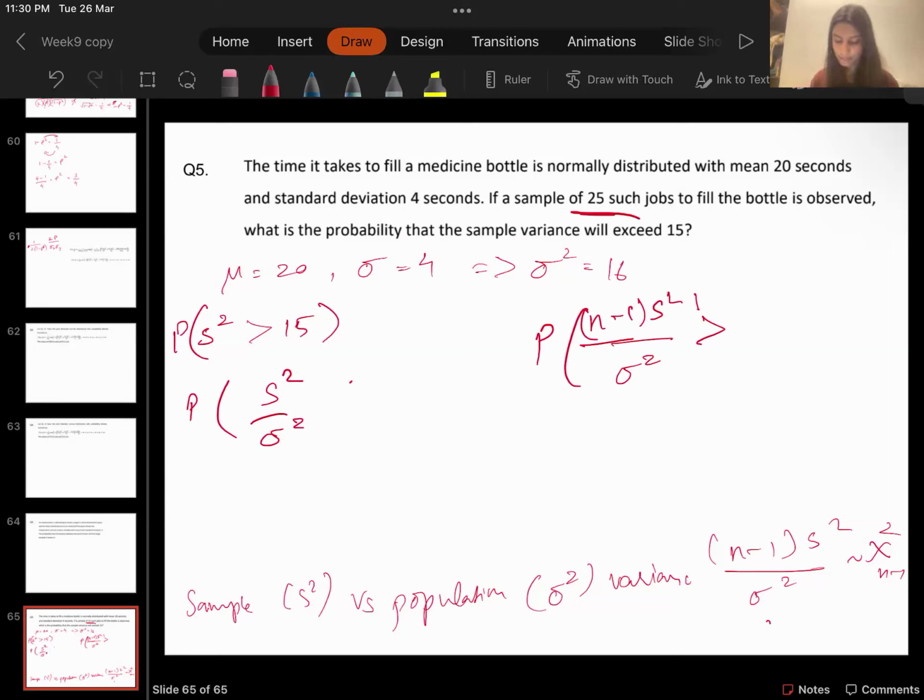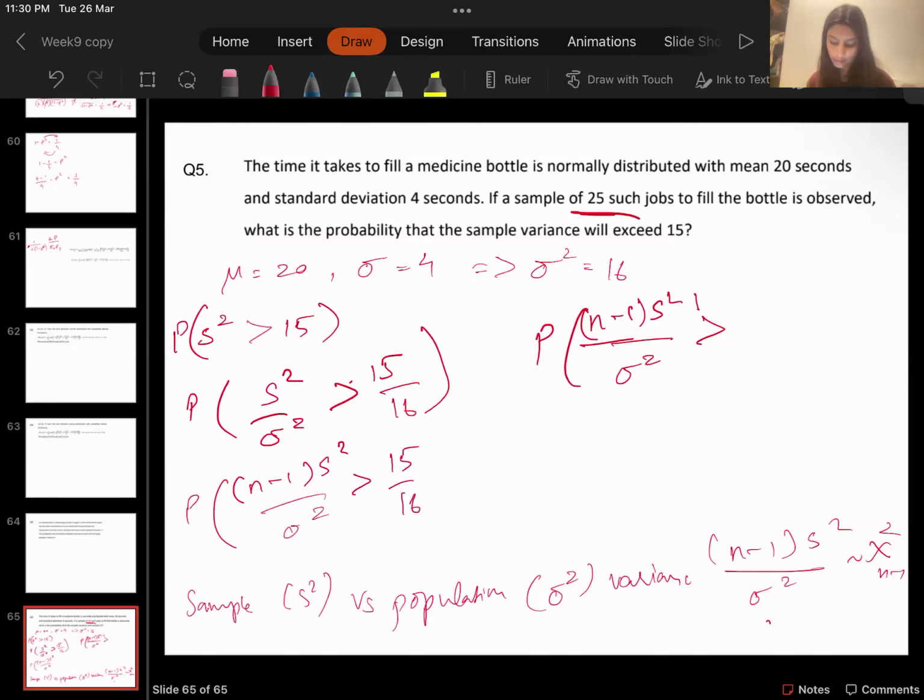We divide by sigma square, which is 16, so 15 by 16. Now multiply both sides by n minus 1, which is 25 minus 1, 24.